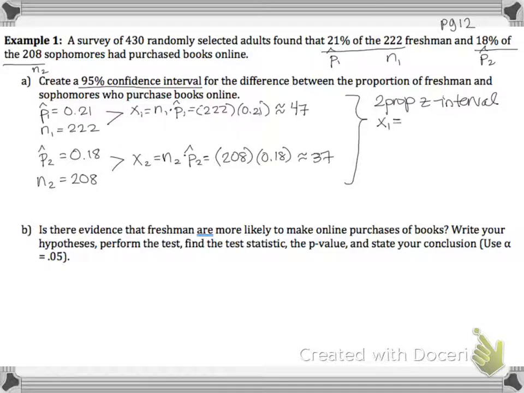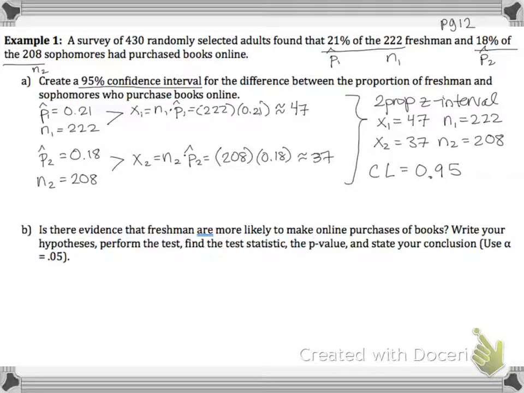So we're going to put X1 equals 47, N1 equals 222, X2 equals 37, N2 equals 208. And we also need to include the confidence level, which we want to put in as a decimal, 0.95. And that's all the information that we need.